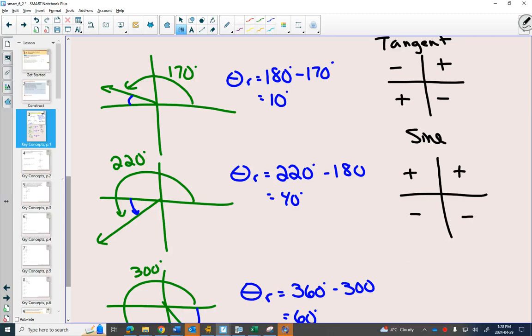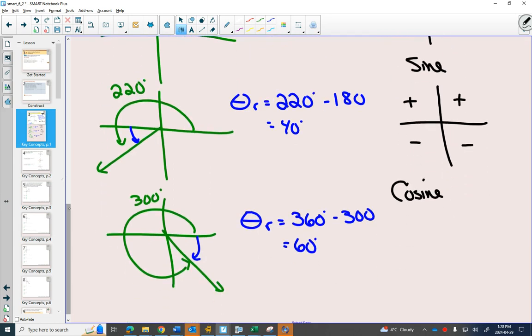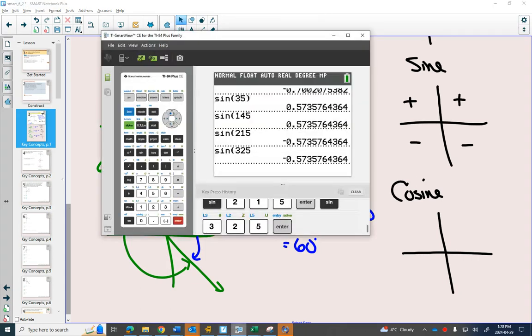We'll do one more with cosine. So if I do cosine of 35 degrees, positive. Cosine of 145 degrees, negative.